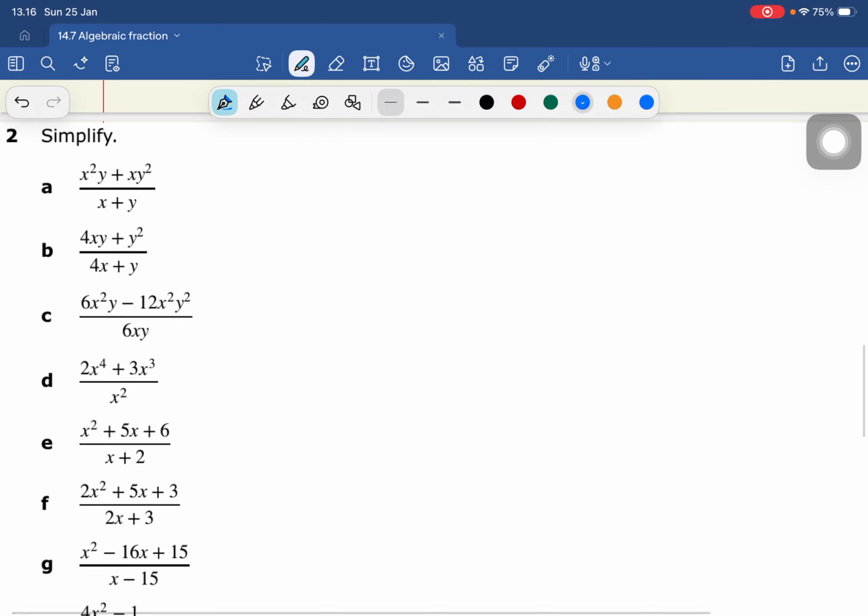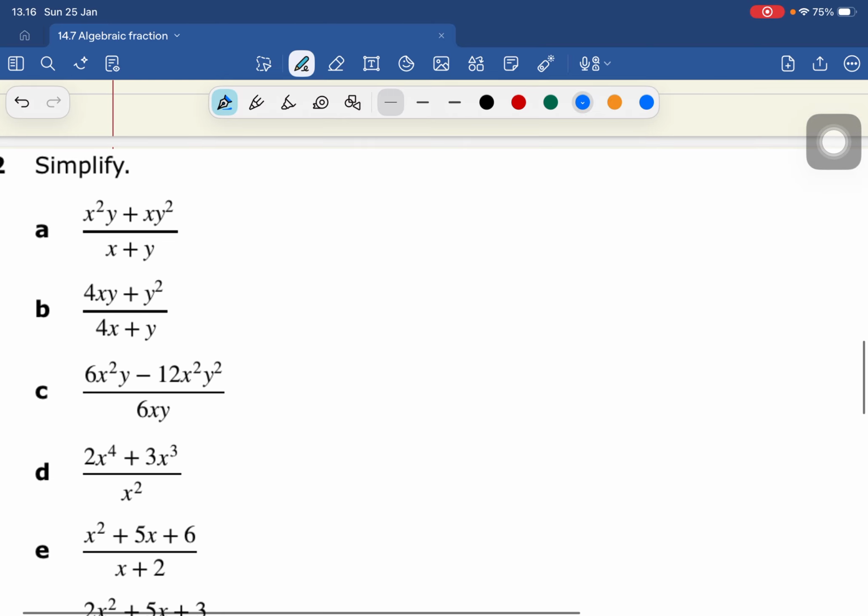Okay, next we have to simplify it here, b. So okay, we got x square y plus x y square. How could we simplify it? Let us try. Is it x plus y square? So it's going to be x square plus 2y, then plus y square.